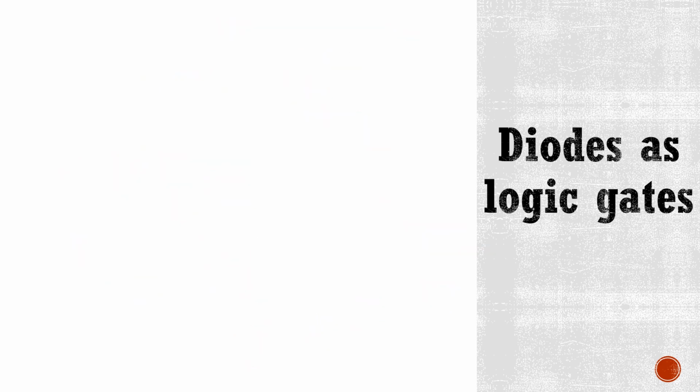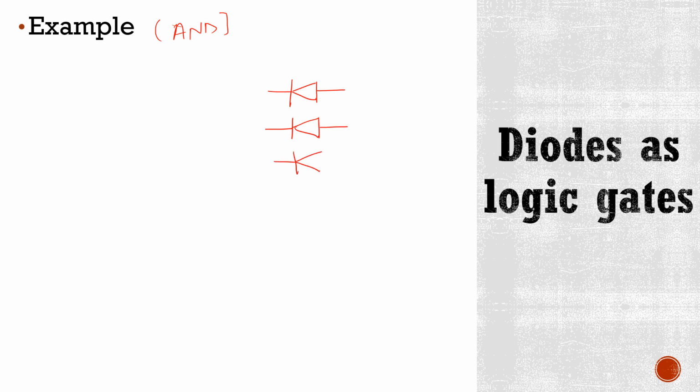Now look at this example. Here we'll talk about logic AND function. If you have a circuit like this, this is input diode A, this is input diode B, and this is input diode C, and they are connected to a resistor R which is connected to an input source.